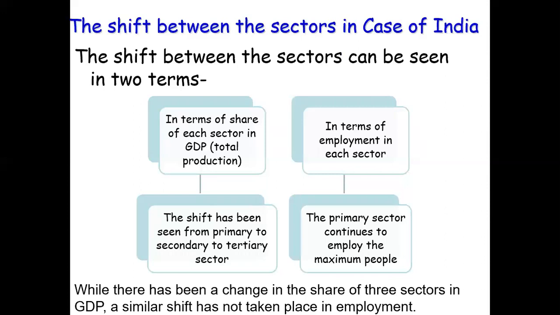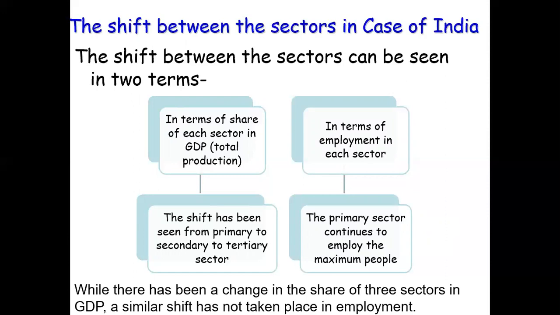So the shift between the sectors can be seen in two terms. In terms of the share of GDP of each sector, and in terms of employment in each sector. So in terms of the share of each sector in GDP, that is how much it is contributing to GDP, we have seen the shift from primary to secondary to tertiary.